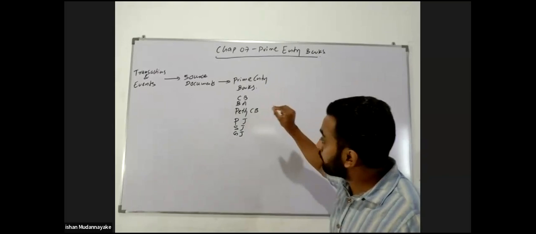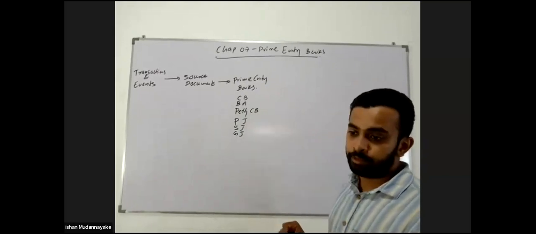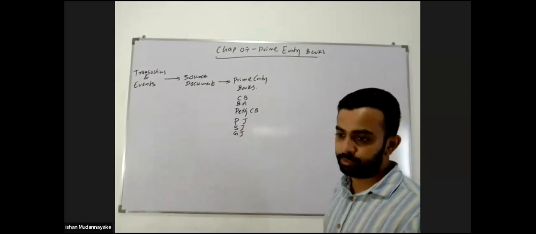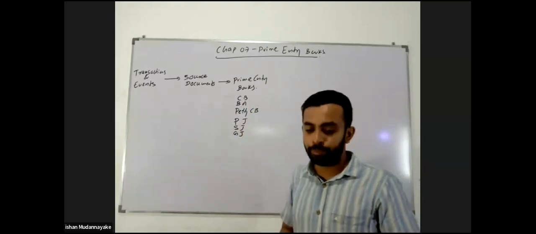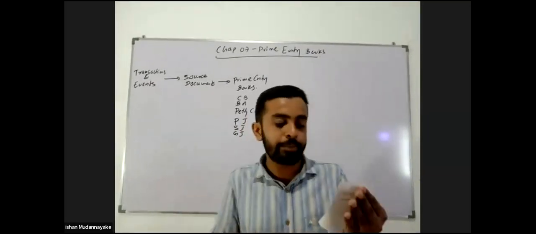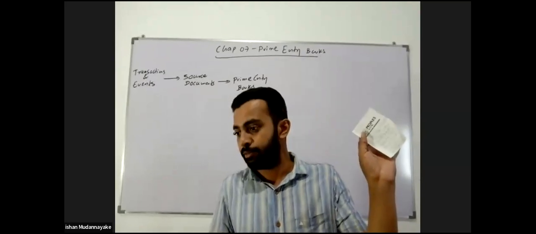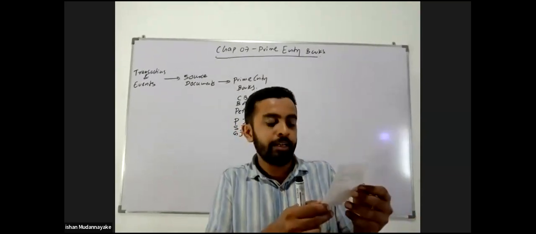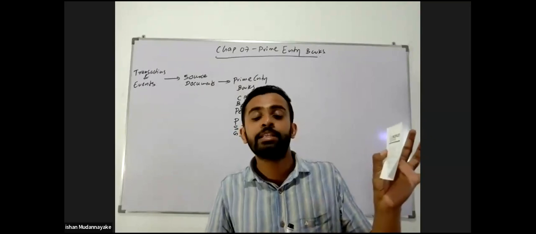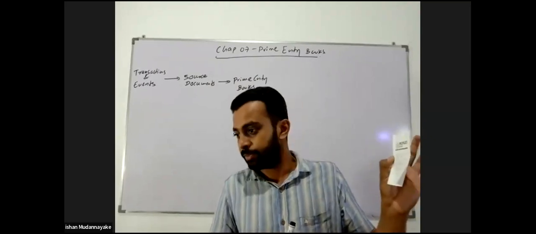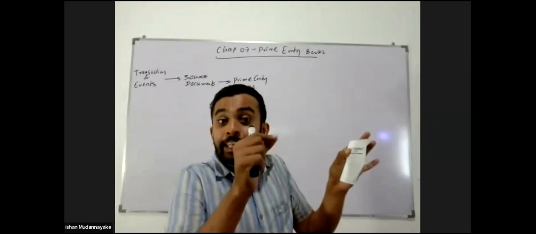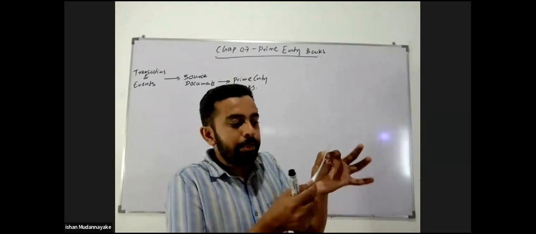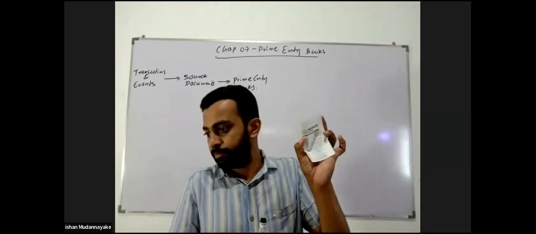For these primary books, there are different types of source documents. Source document means the initial document. For example, yesterday I deposited some amount for my lease installment in People's Leasing Finance PLC through the ATM machine, and it issued a bill.